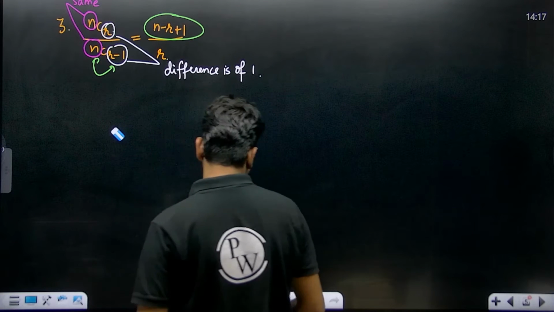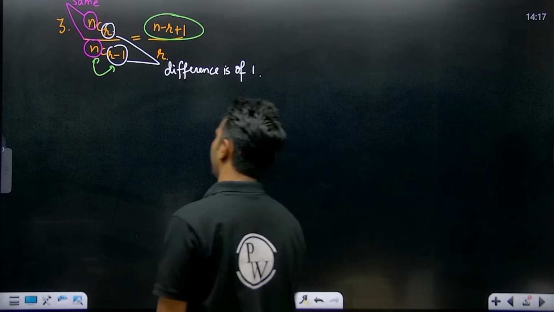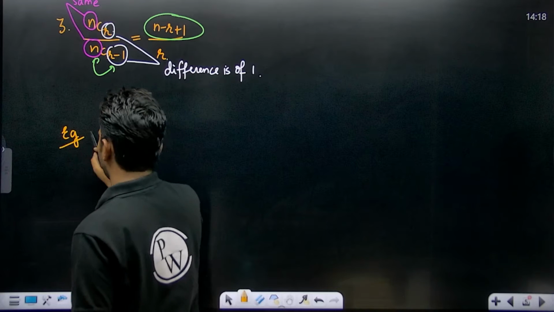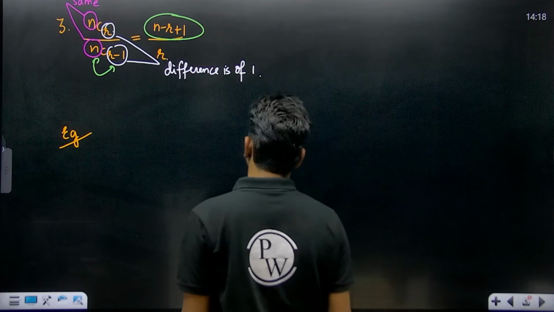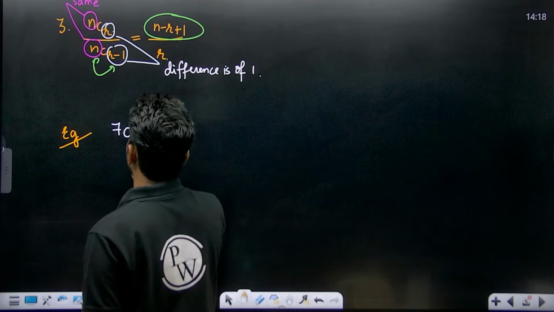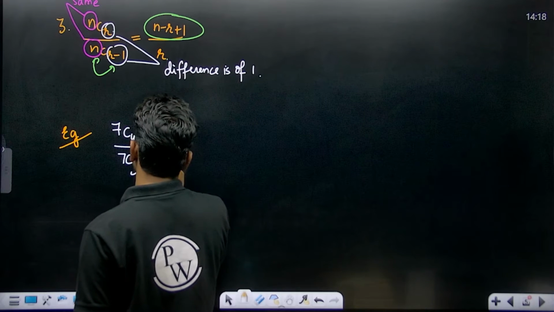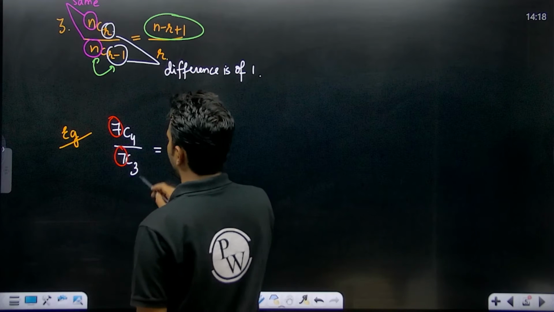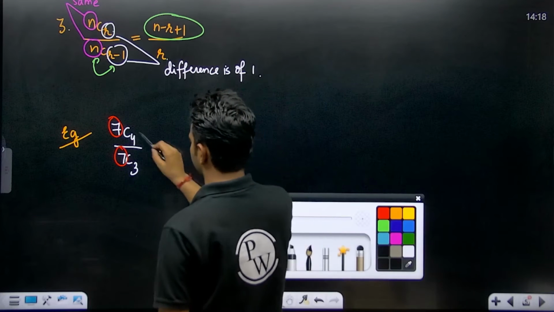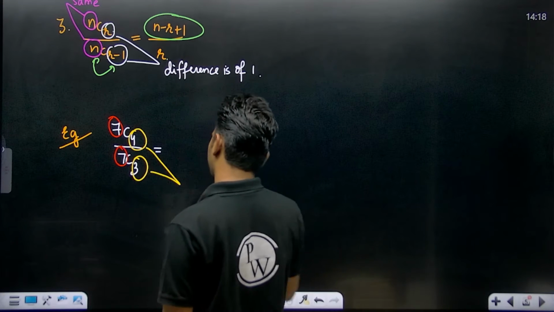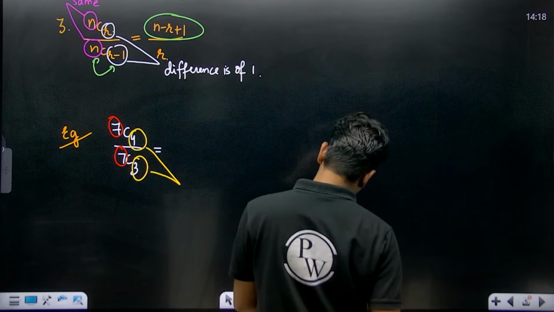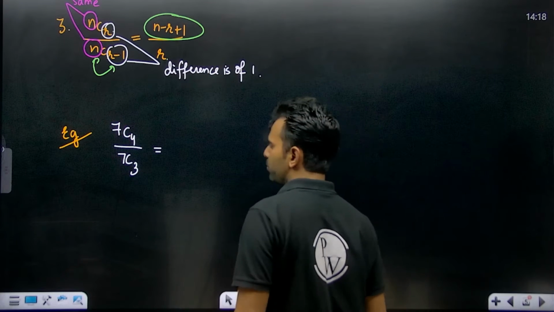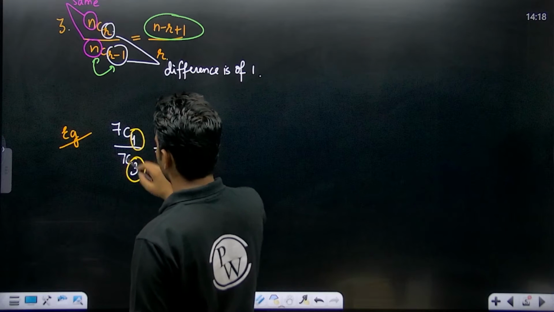Let me give you an example so that you can understand this in a better way. Let's talk about this. If I talk about what is 7c4 upon 7c3, then you guys can say that since, sir, over here same things are written, and the difference between these two things, this one and this one, is nothing but 1. So this formula is applicable. I said okay, fine, not an issue. Out of 3 and 4, which one is bigger? Sir, 4 is bigger.